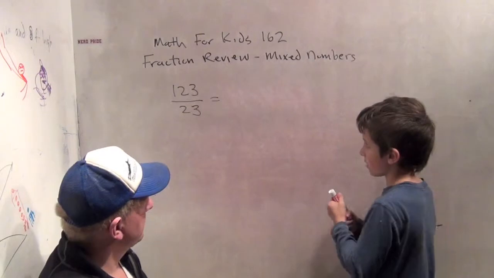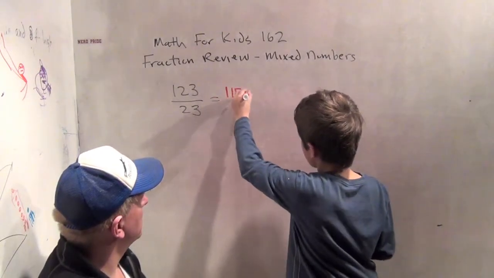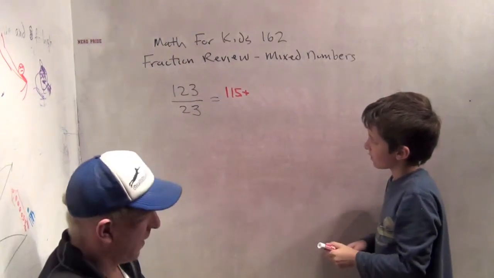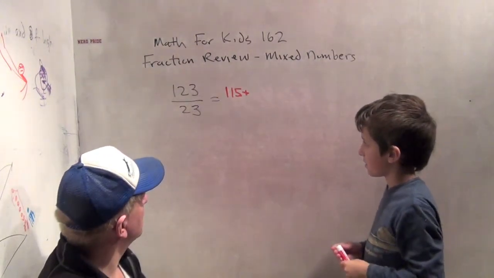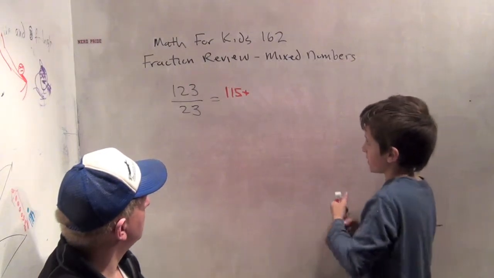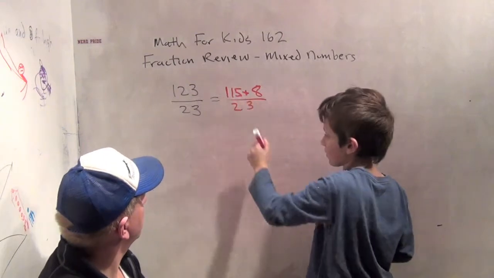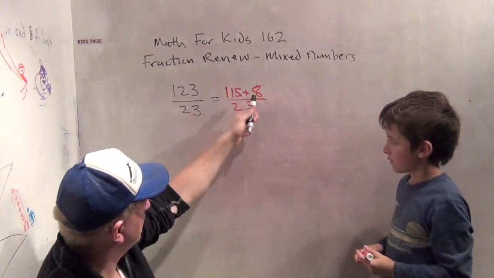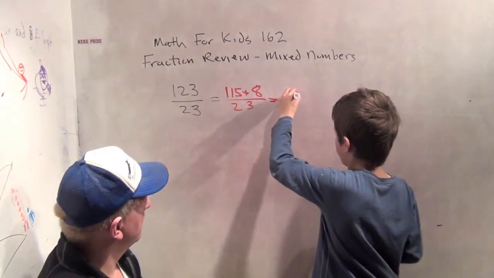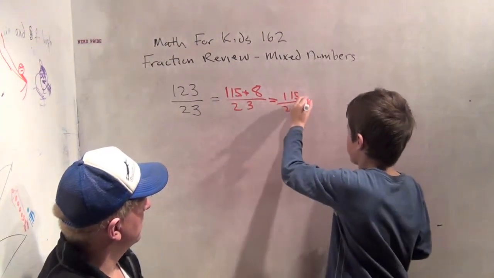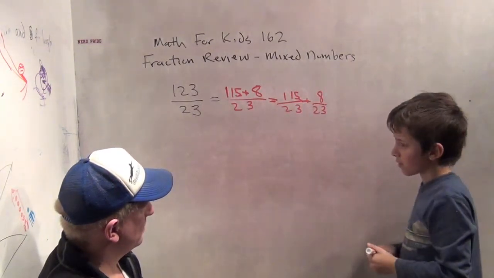I'm going to write it as 115 plus 8, so 123 over 23 is the same as 115 over 23 plus 8 over 23.